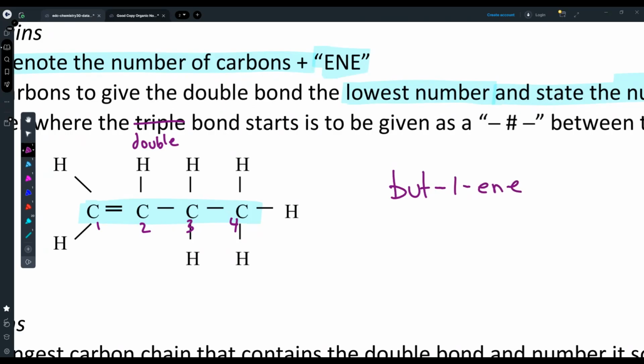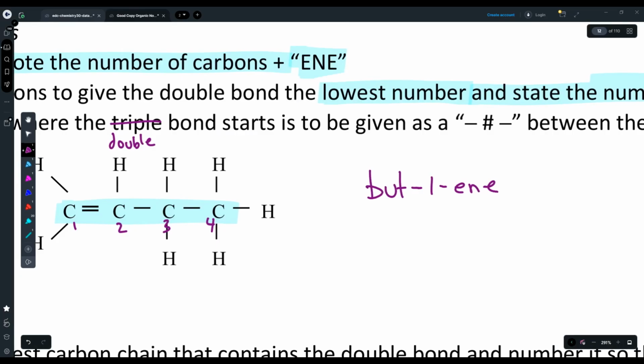So we can name it 1-butene, or alternatively, so this is only for double bonds or triple bonds that start on the first carbon, you could also name it butene. The absence of a number means that you can assume it starts on the first carbon.